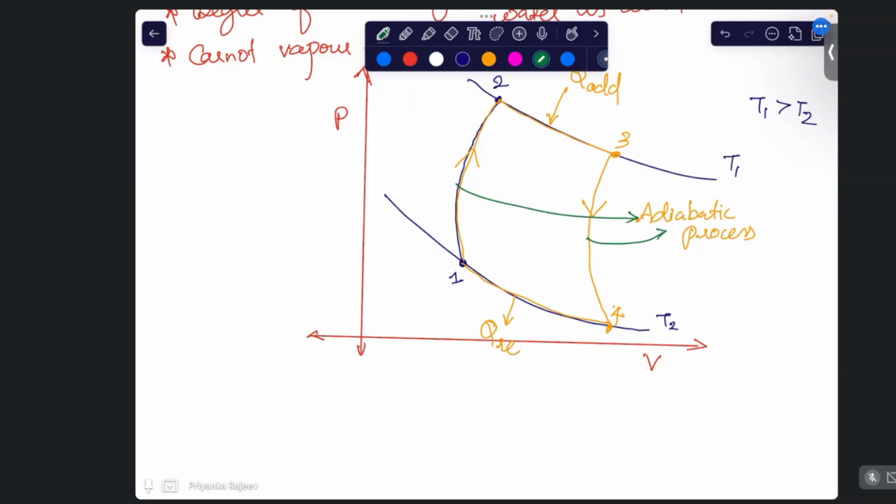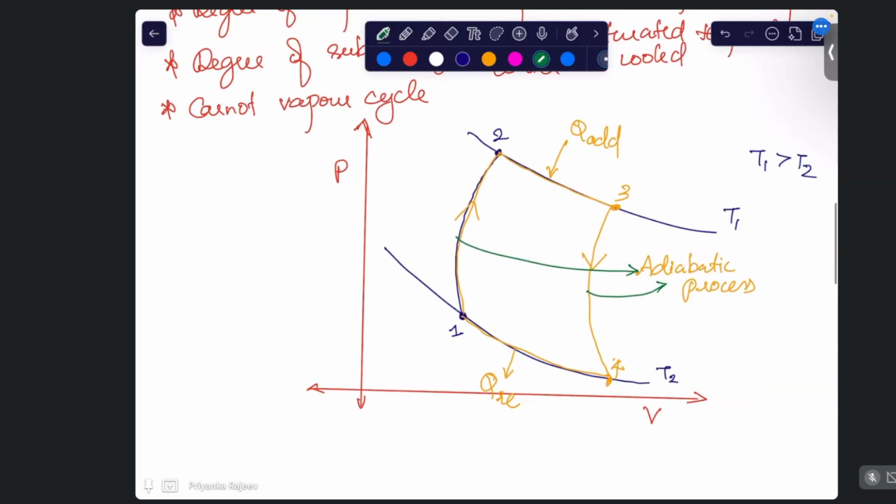So this is how the Carnot vapor cycle is.